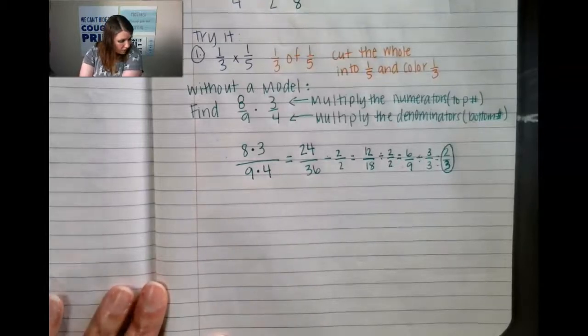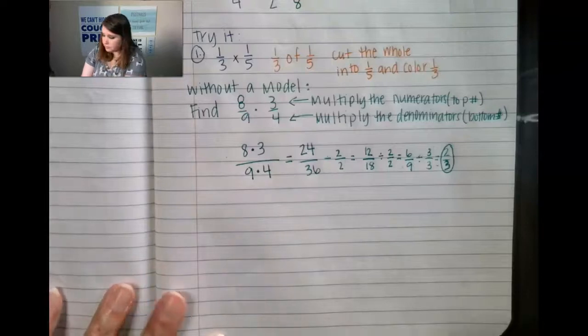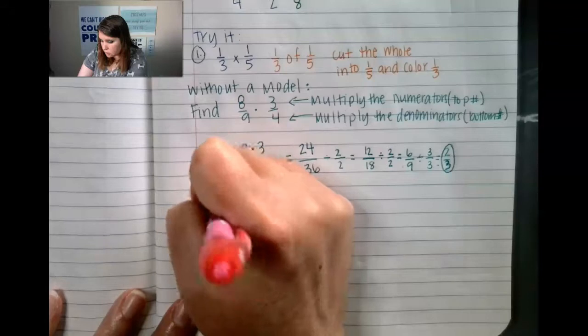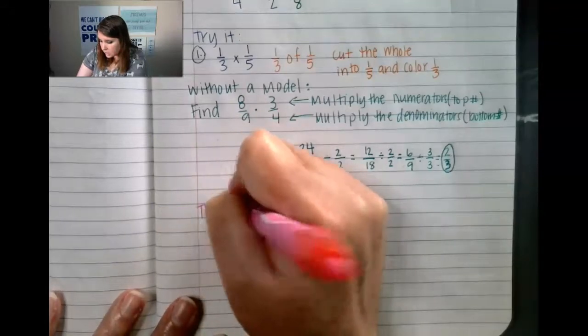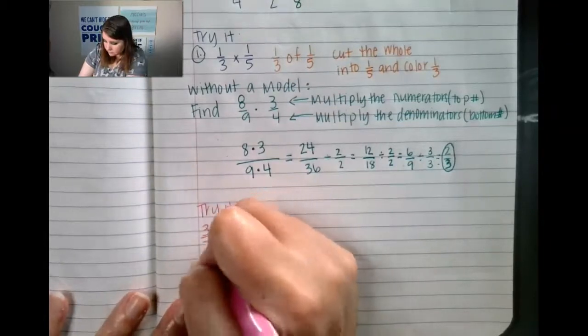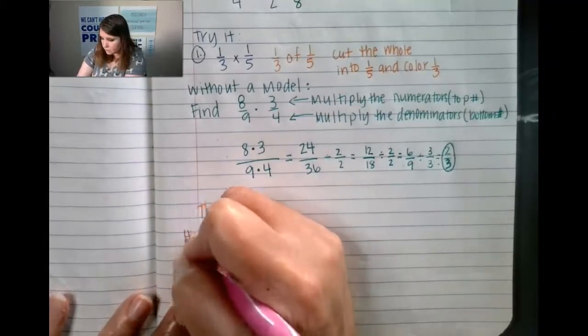Okay, I want you to do a try it for me. There are going to be 2 try-its. Your try it here is 3/7 times 2/3. This is actually try it number 4.